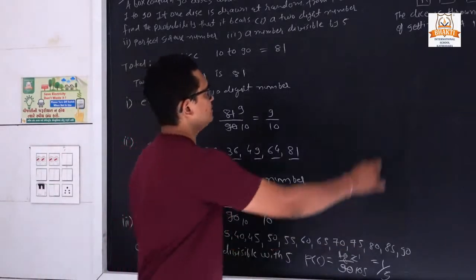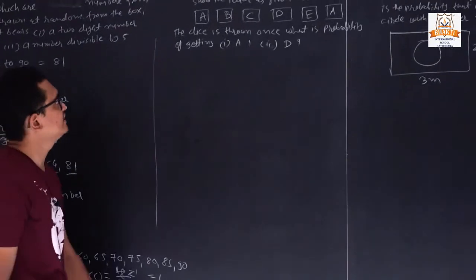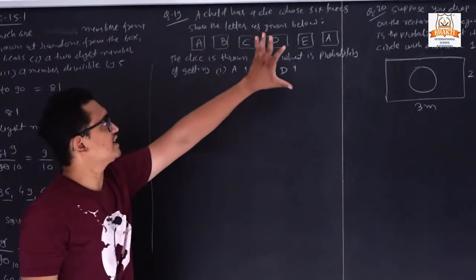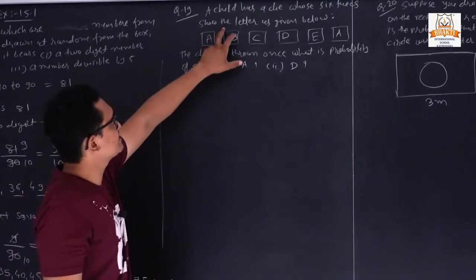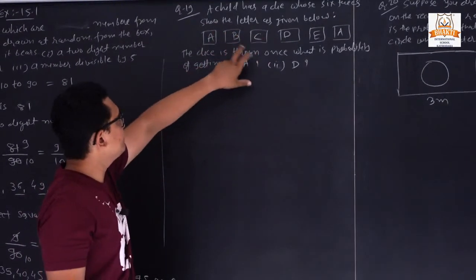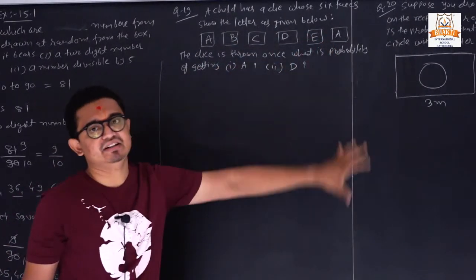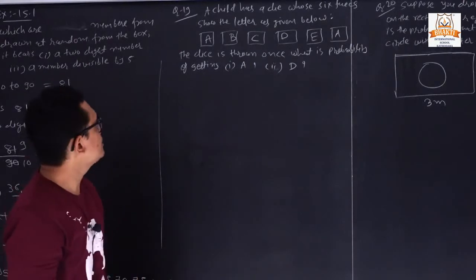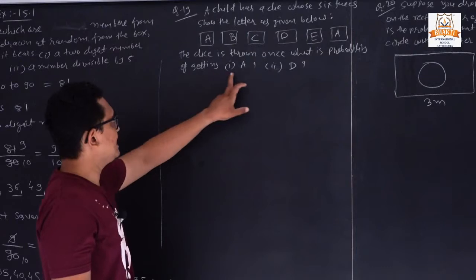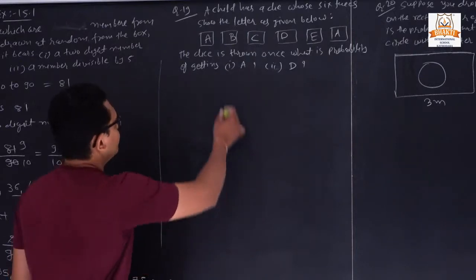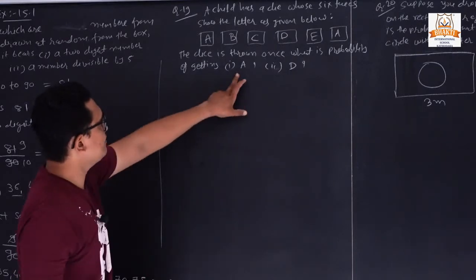Now next, question number 19. A child has a die. So we have one die which has 6 faces as shown below: A, B, C, D, E, and once again A. So now the die is thrown. What is the probability of getting A? So how many total faces do we have? 6. Out of 6, how many times do we have A?